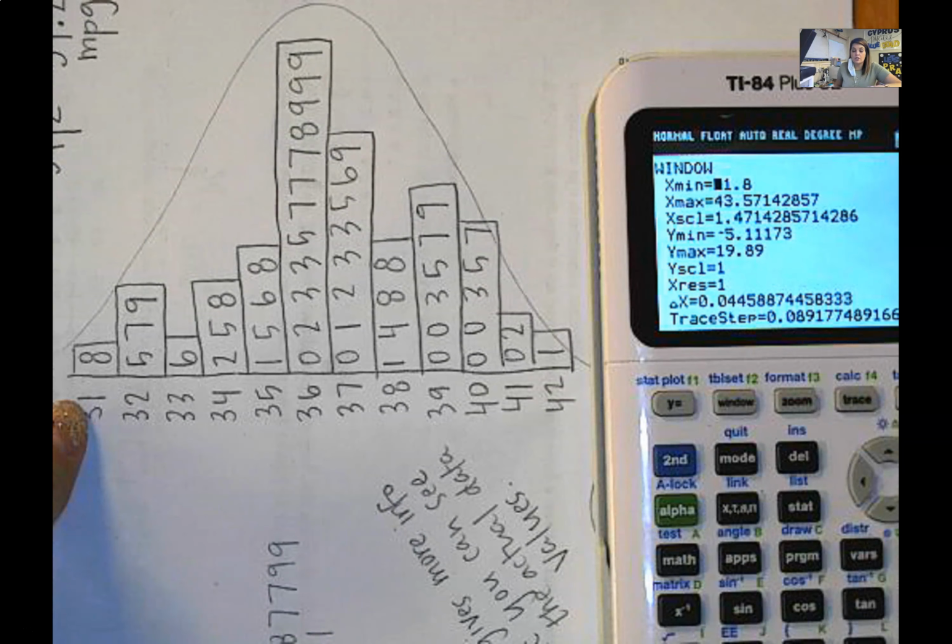And then I'm going to put a little X at the bottom of that column to say that I graphed that. Now I'm going to go to the next one, 32.7, so go to the 32 stem and write 7 as your leaf.